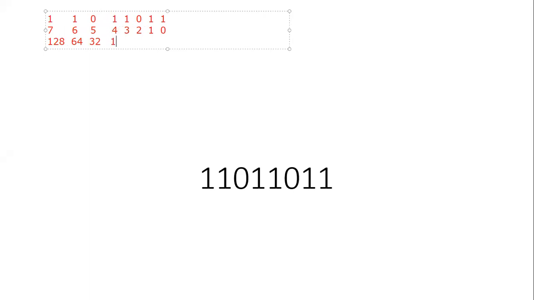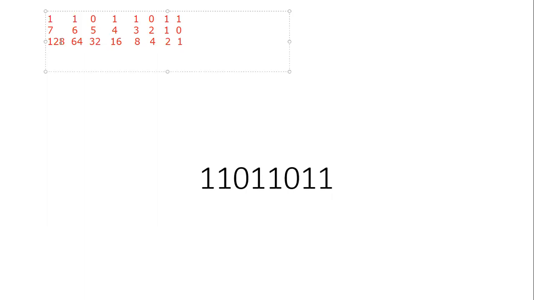Only then you can do these. 2 raised to 4 is 16. 2 raised to 3 is 8. 2 raised to 2 is 4. 2 raised to 1 is 2. And 2 raised to 0 is 1.